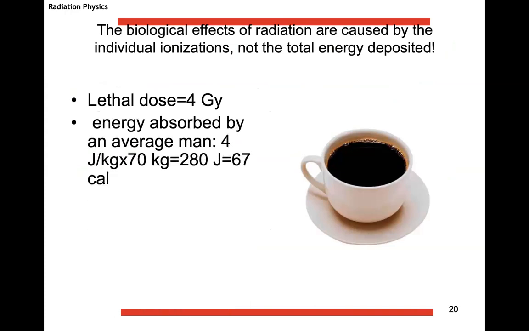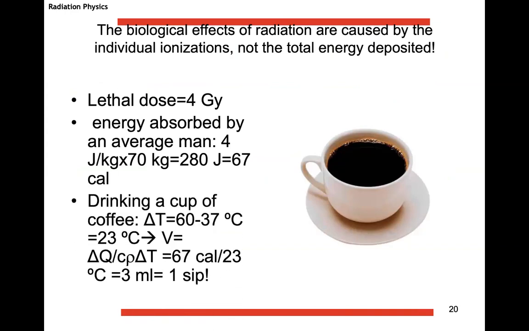Now, the energy absorbed, if I take a 70 kilogram man, is about 4 joule per kilogram times 70 kilograms, so it's 280 joule, which is 67 calories. But 67 calories, if you use the usual way to relate calories to temperature, essentially corresponds to 1 sip of a cup of coffee.